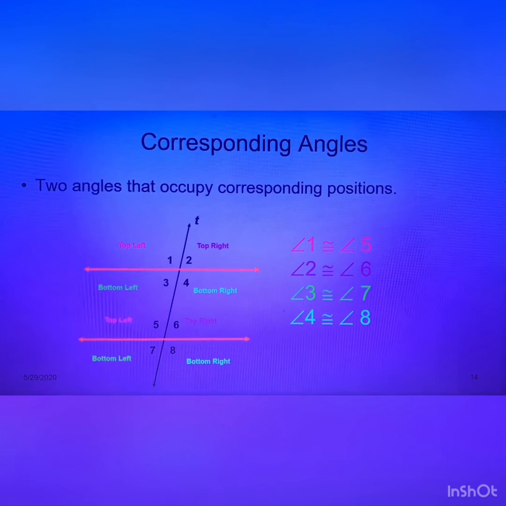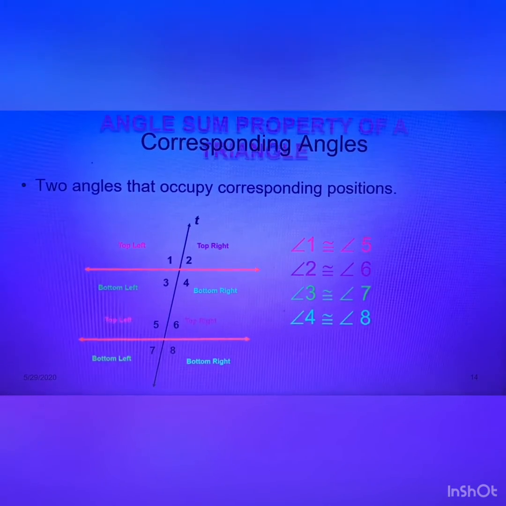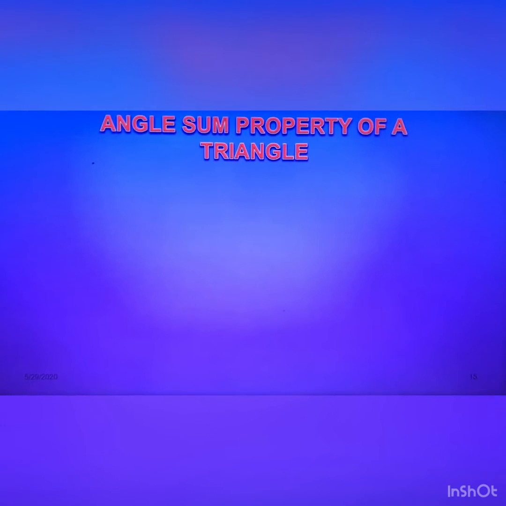Similarly, angle 4, this is the right bottom part, and angle 8, this is the right bottom part. So these are also corresponding angles and they are also equal. So I think the concept of corresponding angles will be clear. Now moving on to the angle sum property of a triangle.